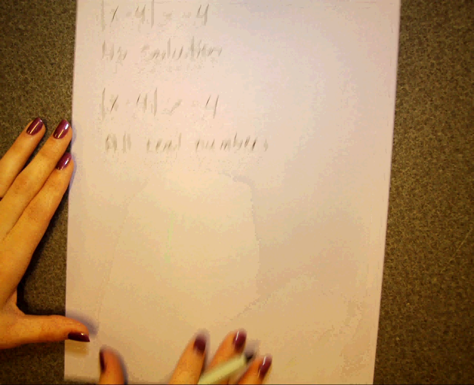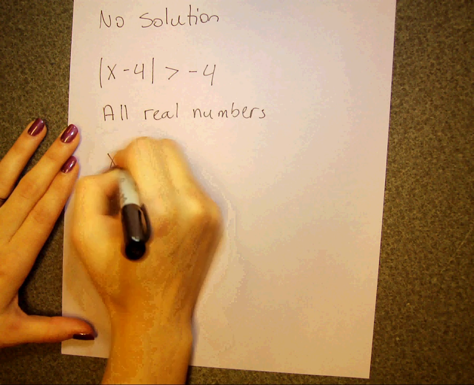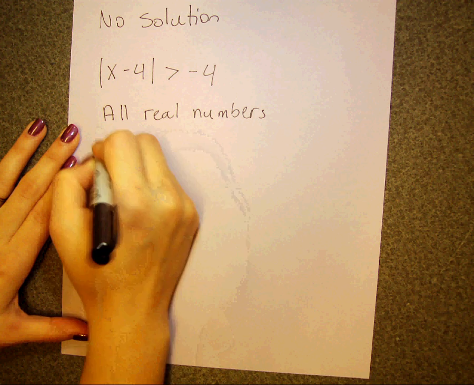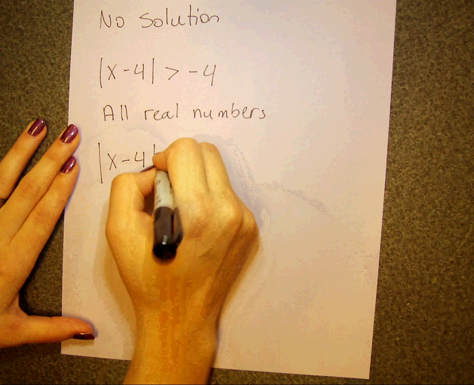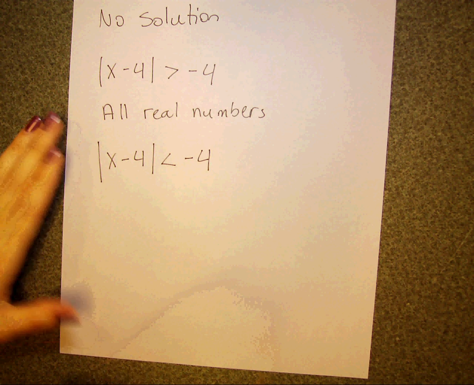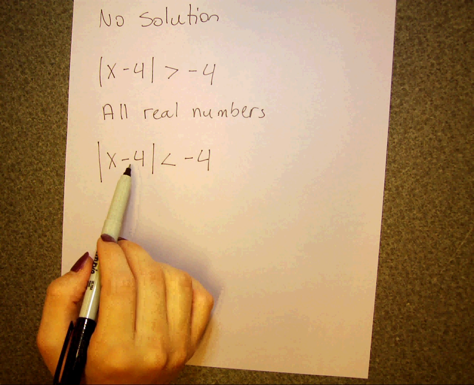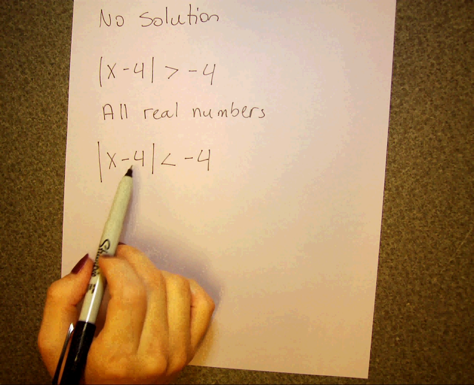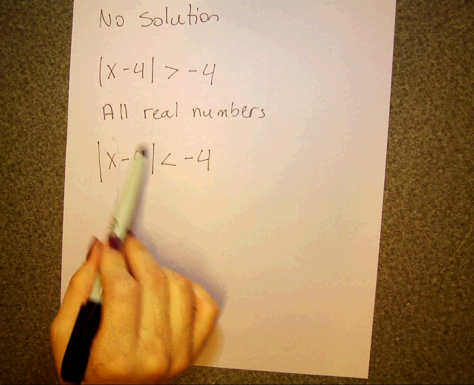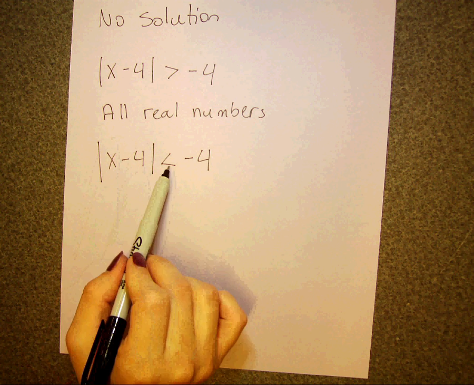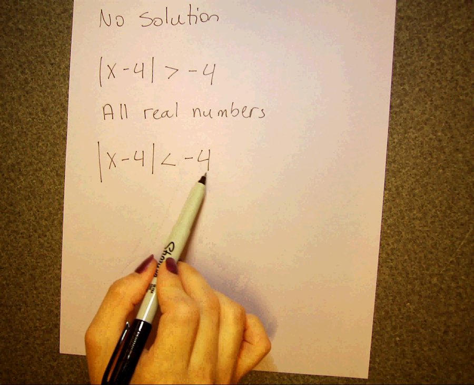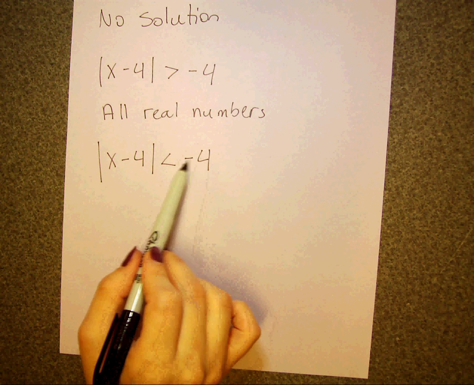Well, what about the flip side of that? What if I have the absolute value of something, anything, is less than a negative number? So in this case, again, if I take the absolute value of something, it's always going to be positive or 0. So is it possible to take the absolute value and get something that's less than negative 4? What numbers are less than negative 4?